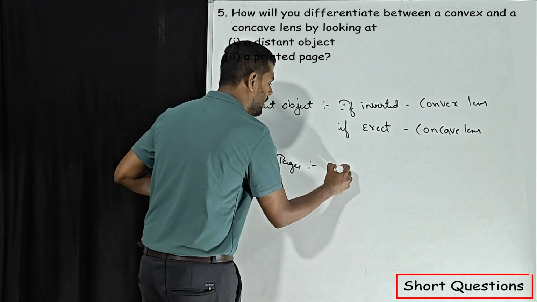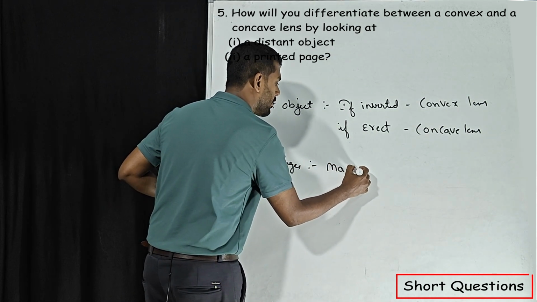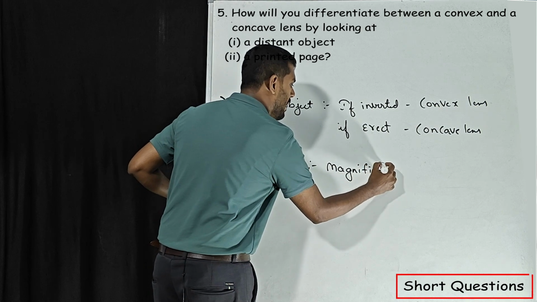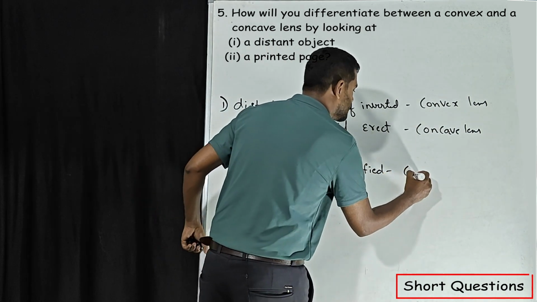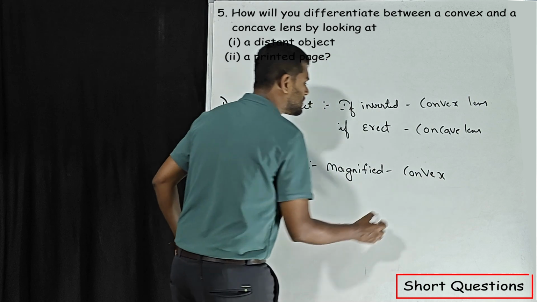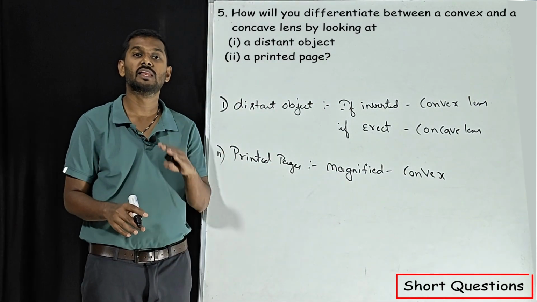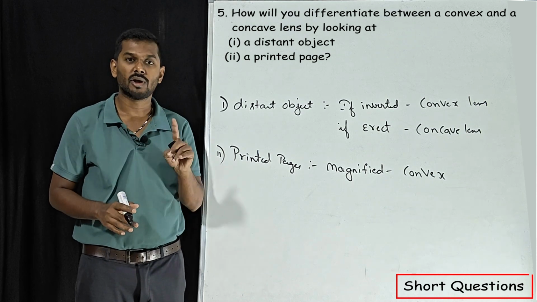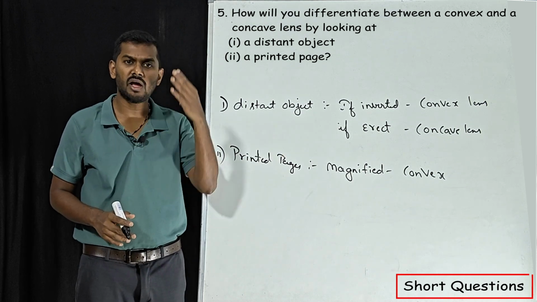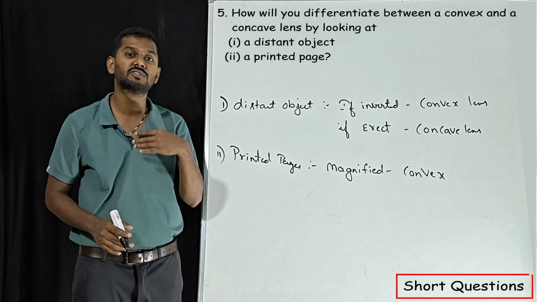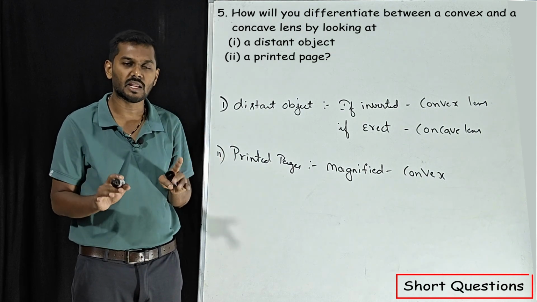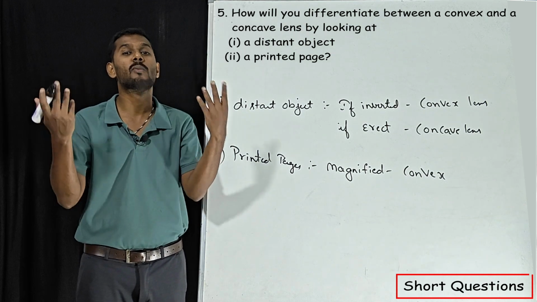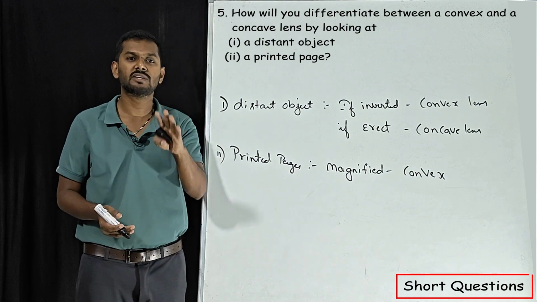If the letters are magnified, we know it is convex. Why? Because in concave lens there is no magnified image, it is always diminished. Correct? Those are the natures of the concave and convex lenses which we have learnt in the basics. Correct? So in concave lens there is no magnified image, it is always diminished.